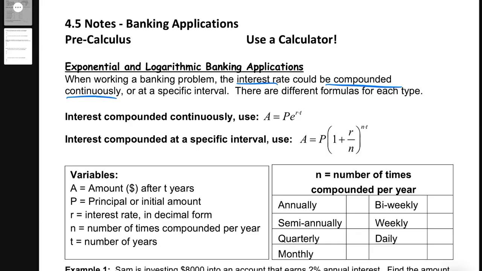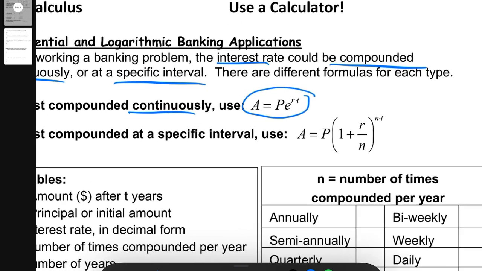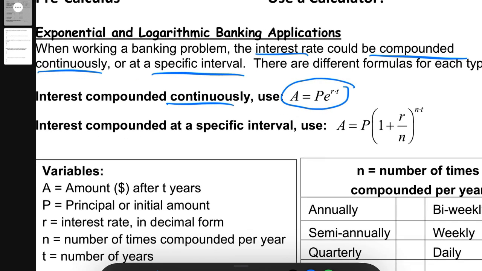So the interest rate could be compounded continuously or at a specific interval. Compounded is how many times a year interest is added to the account. So if it's being compounded continuously, we use this formula: A equals P times e to the rt.